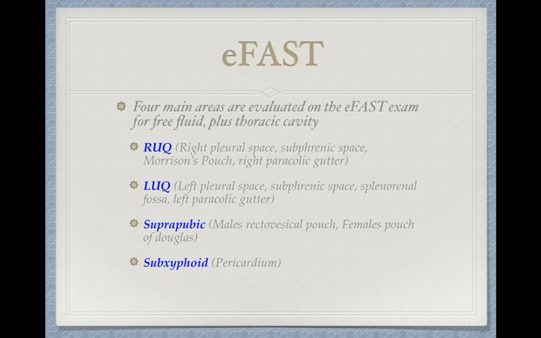So this is not just a stagnant, let's find Morrison's pouch on the right. We're really looking above the diaphragm in that right pleural space, below the diaphragm in that subphrenic space. Then we move into Morrison's pouch, and then we slide even more inferior into the right pericolic gutter, inferior tip of the liver. Same things happening on the left. Those 4 areas are explored.